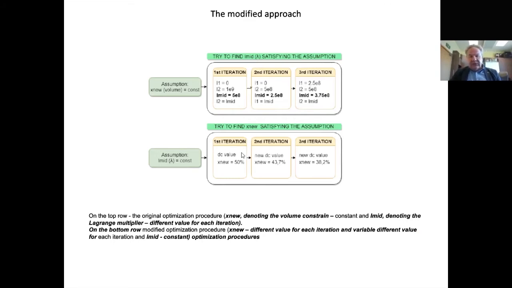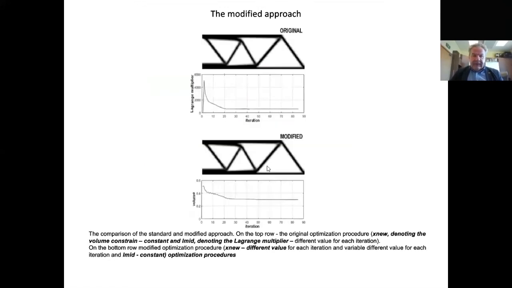So the change is relatively small, and the code works like this: now we have one assumed value of the Lagrange multiplier, and the volume you can observe here changes, and the volume is just the result of the computational process.